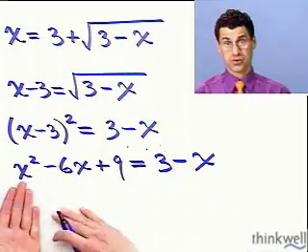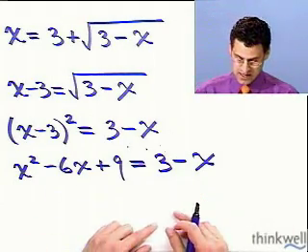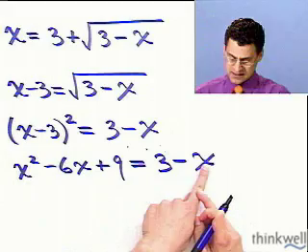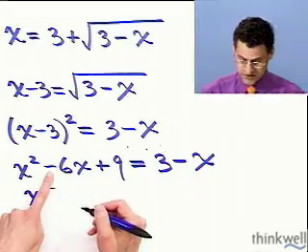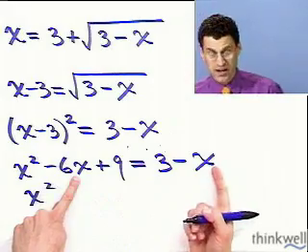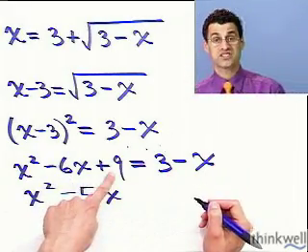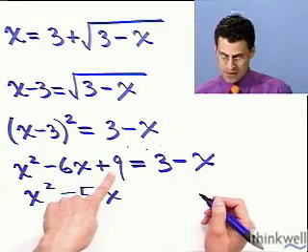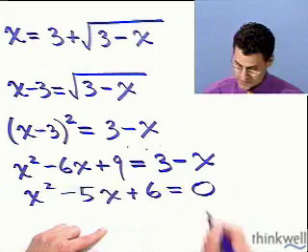What do I see? It's a quadratic. I pull everything over to the left, set it equal to 0 on the right, and see what happens. If I move this minus x over, it becomes a plus x, and I see x squared minus 6x plus x is minus 5x. And if I bring this 3 over, I have to subtract it, so I see 9 minus 3, which is plus 6, equals 0.